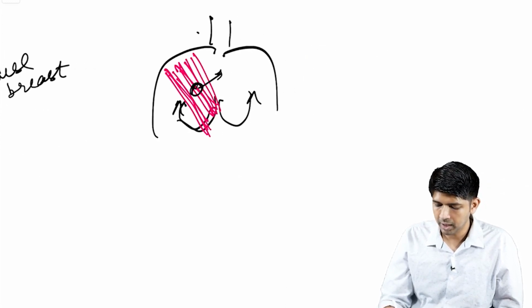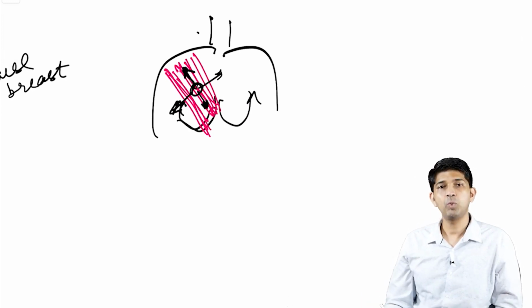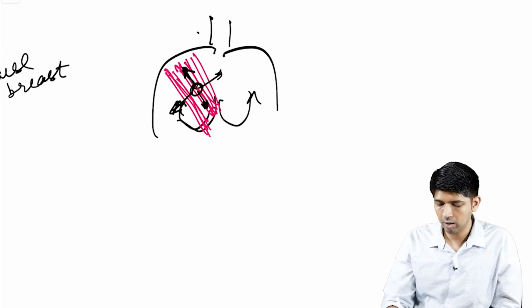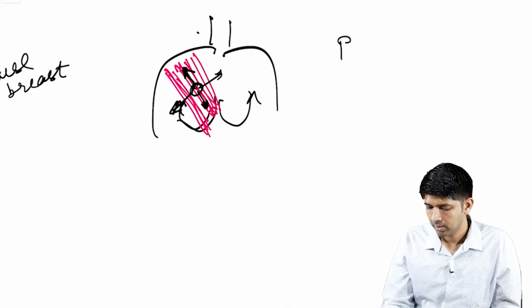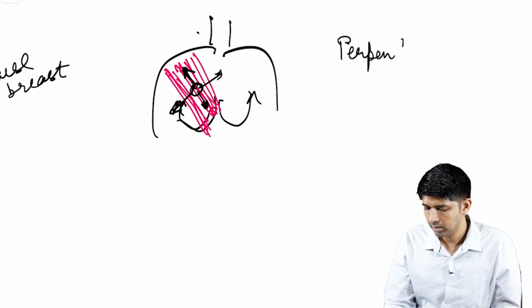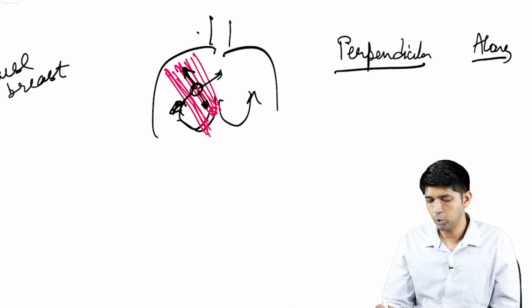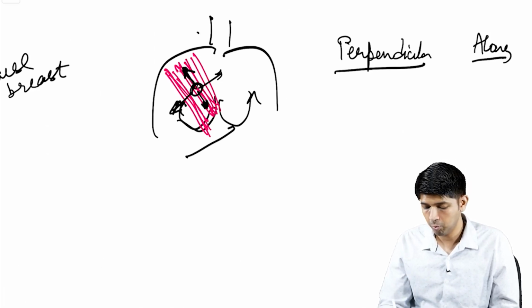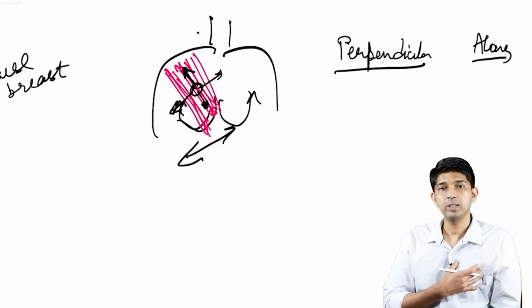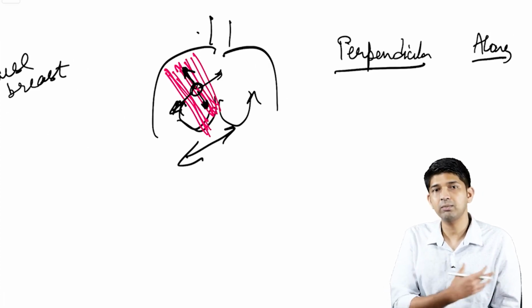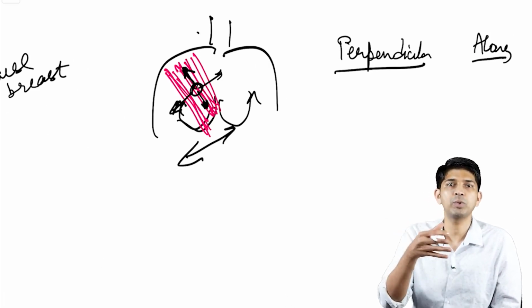So the mobility of the lump is checked in two directions. One is perpendicular to the fibers and second is along the fibers. But what is more important of the two is along the fibers. Now why is this? So one is perpendicular, one is along the fibers. So please understand, when you do a perpendicular movement like this, sometimes you might move the entire pectoralis major muscle itself along with the tumor.